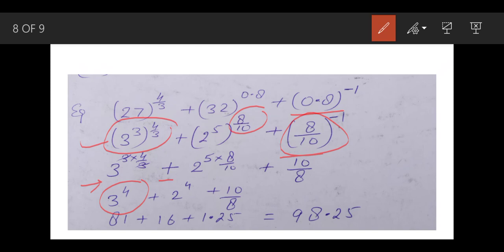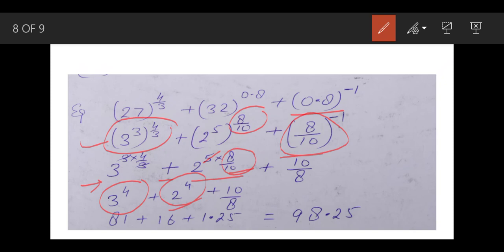So power to the power will be multiplied. This will become 2 to the power 5 multiplied by 8 by 10. Here 5 by 10 is 1/2, and 8 by 2 means 4. We will get 2 to the power 4.